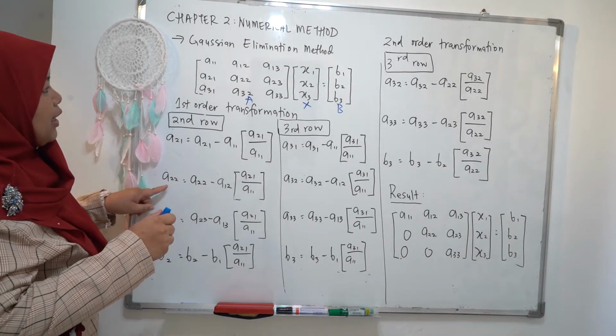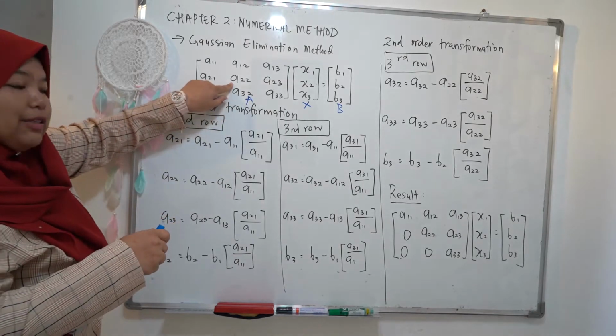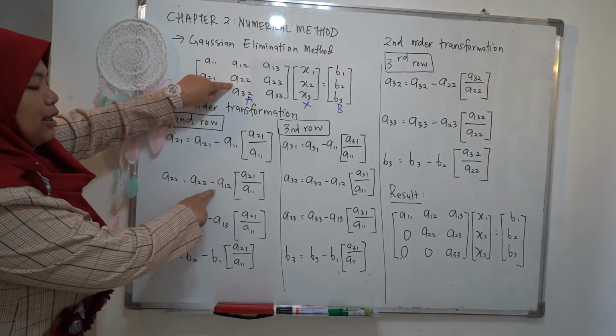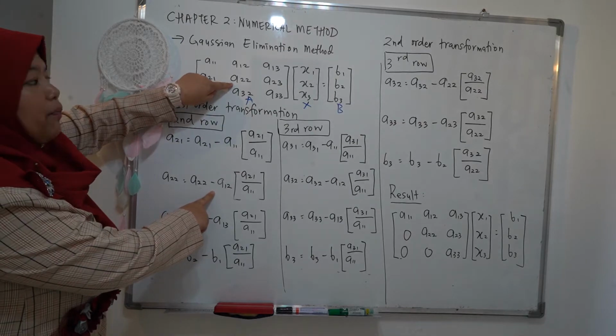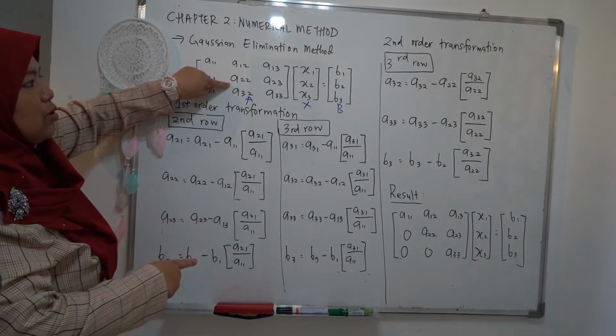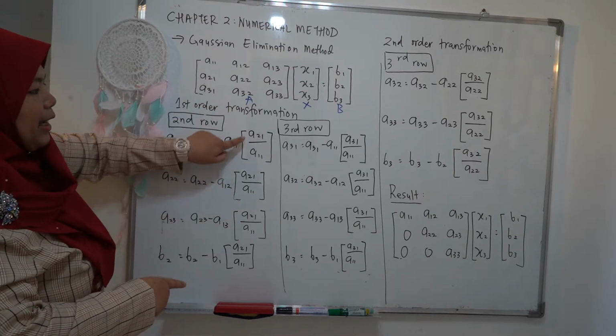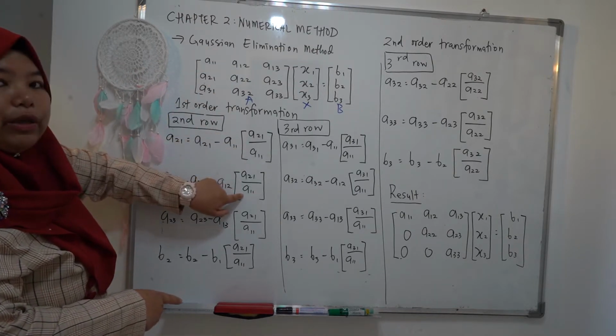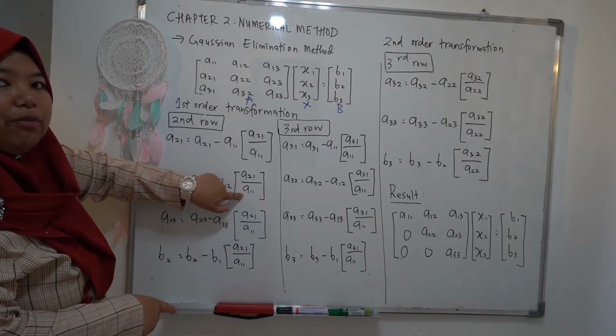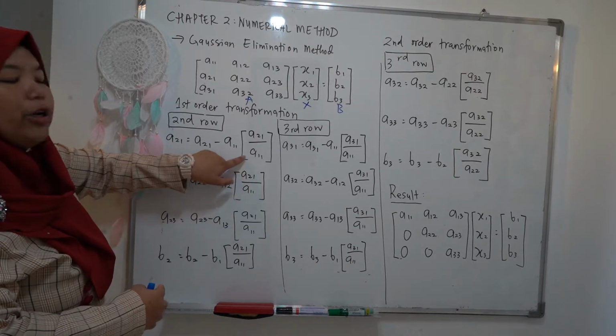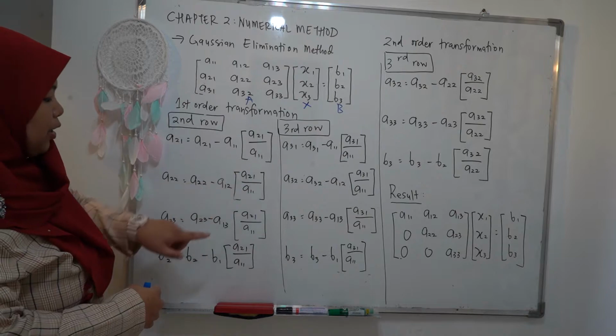For A22, same as before, we deduct the number on the top of it. So A22 minus A12 times A21 over A11. The multiplication we mentioned before, we just follow the first one.